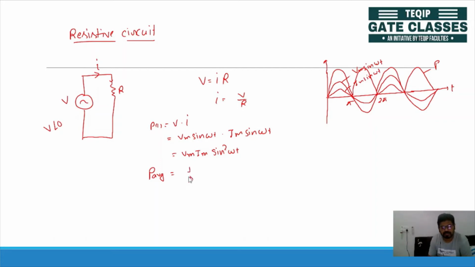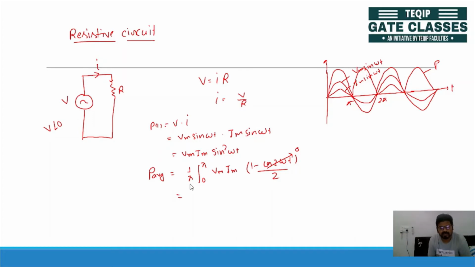So 1 by pi, 0 to pi, Vm Im sine square omega t, you can write it as 1 minus cos 2 omega t by 2. We have discussed this in the last lecture also. The cos 2 omega t has double frequency, so for the half period its integration will be 0, and you will get only pi by 2 after putting the limits.